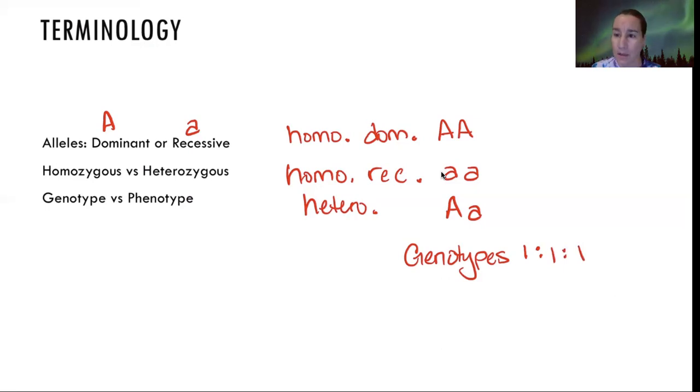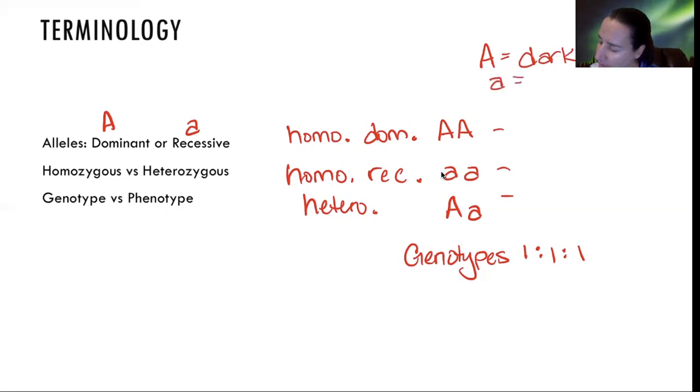But we said that if you have a dominant trait, that trait would mask the recessive one. So if we looked at these three sets, and we said A is, I don't know, dark hair, we'll say A is dark hair, and lowercase a is fair hair, light colored hair.